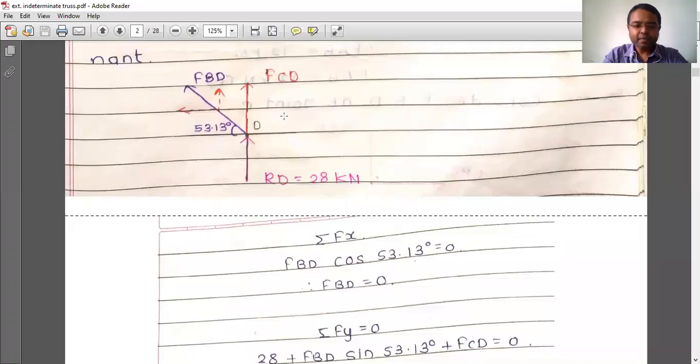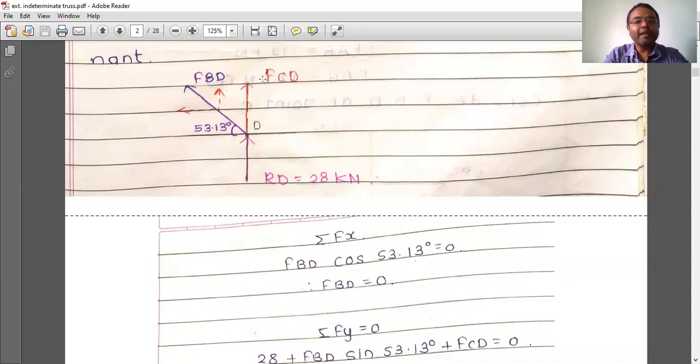Now to this free body diagram, apply summation Fx equal to 0. Why am I applying summation Fx equal to 0 first of all? Because if you apply summation Fy equal to 0 first, then FBD sine component and FCD both are unknown.